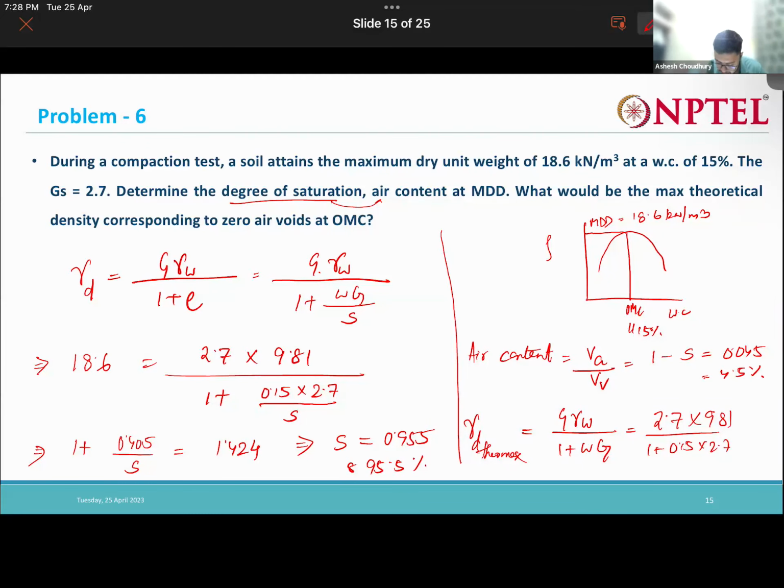Please check how much it's coming. It's 18.85, okay, about 18.8. Okay, so what happens is, as we increase the water content during the test, our saturation also increases. Right, so our saturation keeps on increasing.